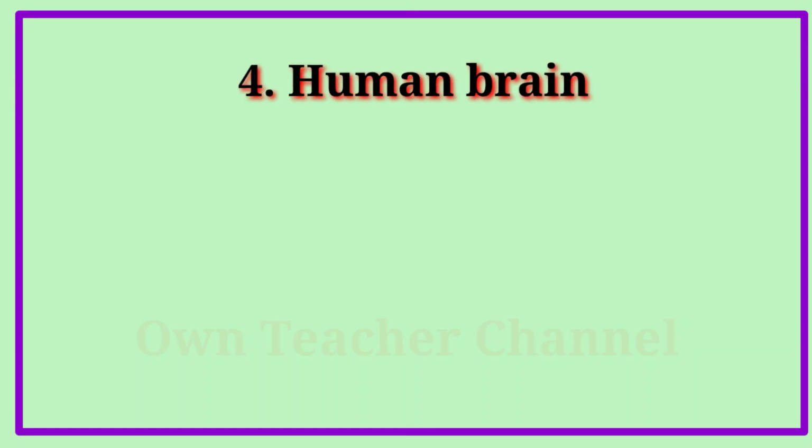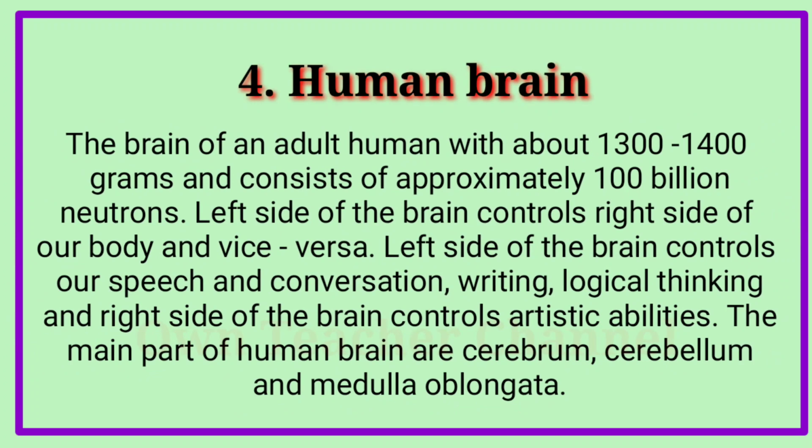Human brain. The brain of an adult human weighs about 1300 to 1400 grams and consists of approximately 100 billion neurons. Left side of the brain controls the right side of our body and vice versa.